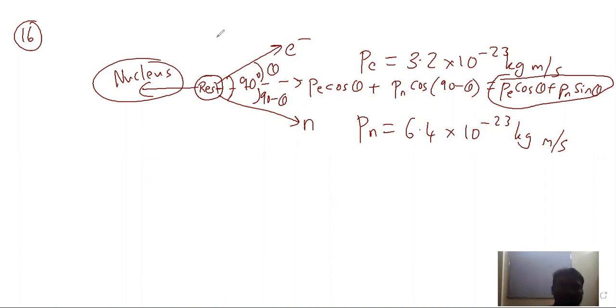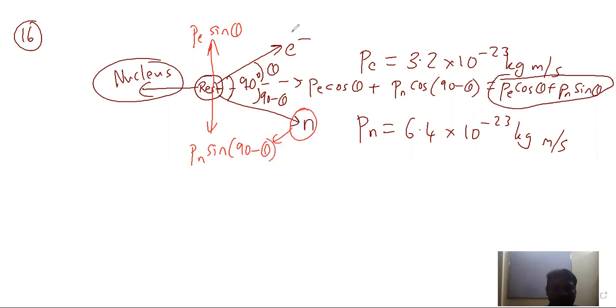Now in the vertical direction, considering in red color, we will have the momentum of electron into sine of theta, and for the neutron we will have momentum of neutron into sine of 90 minus theta. This is the vertical component for the neutron, and this is the vertical component for the electron.